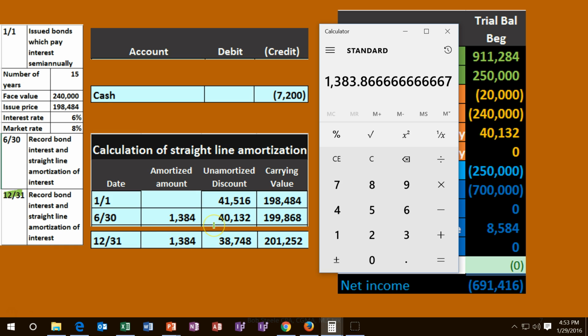And therefore, if the unamortized amount was 40,132 before, 40,132 minus this 1,384 means the unamortized amount will be the 38,748, and then the carrying amount will always be the 240,000 bond less the unamortized discount 38,748, giving us the 201,252, which will be the new carrying amount.